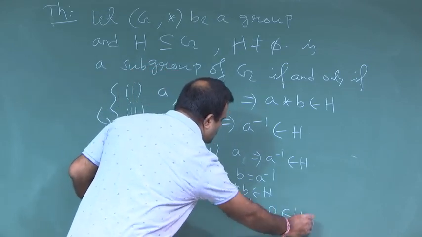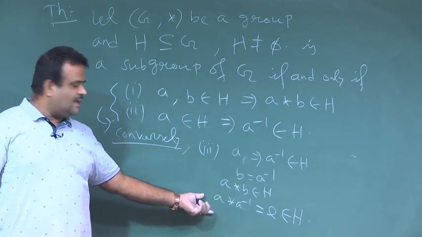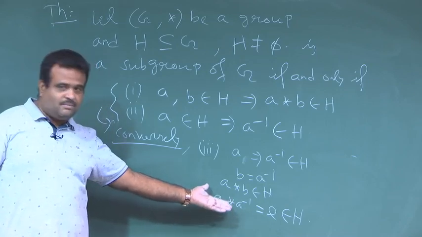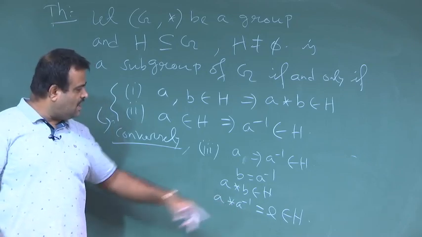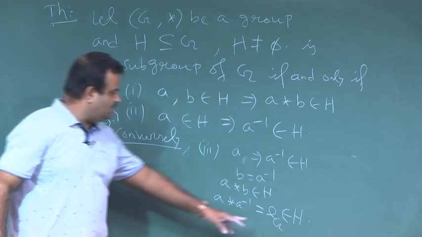So, e belongs to H. So, the identity element of the group is also the identity element of this subgroup.